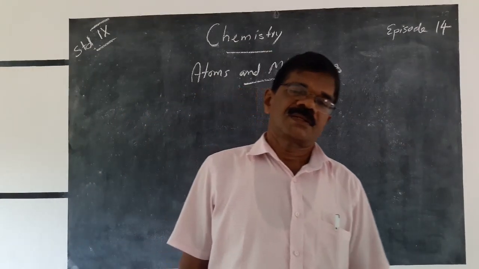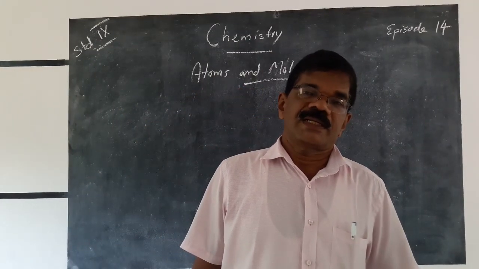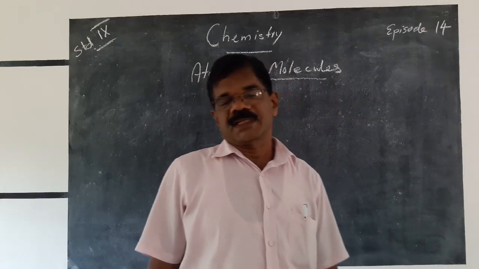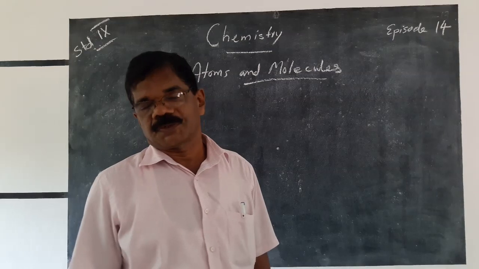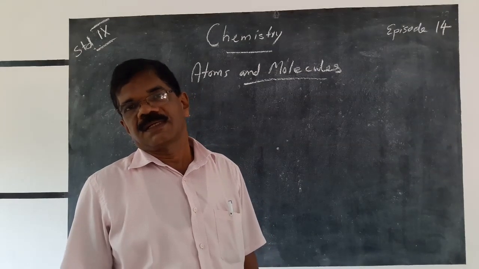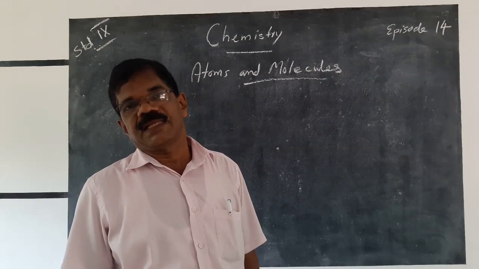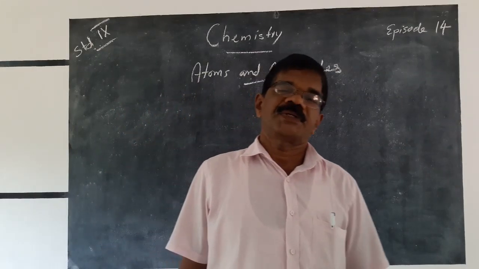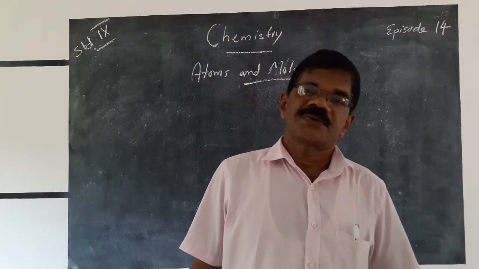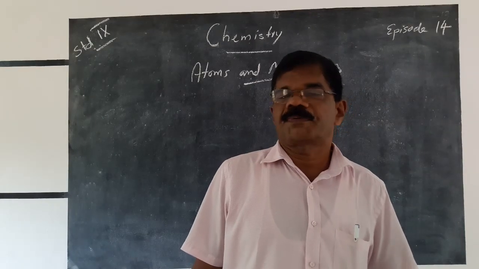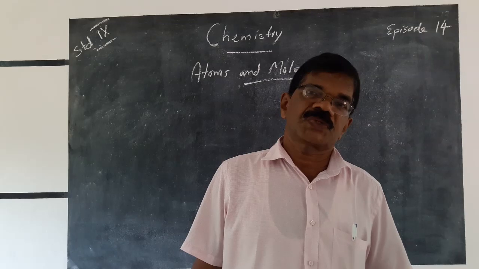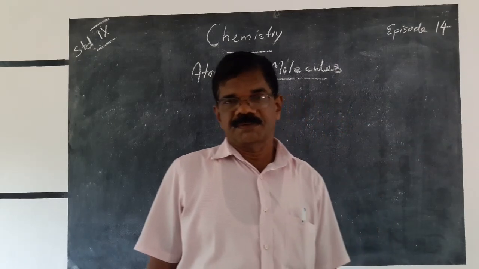In 1961, for measuring the masses of atoms, carbon-12 was taken as the standard reference. All the masses of other atoms or elements are compared to the mass of carbon-12.